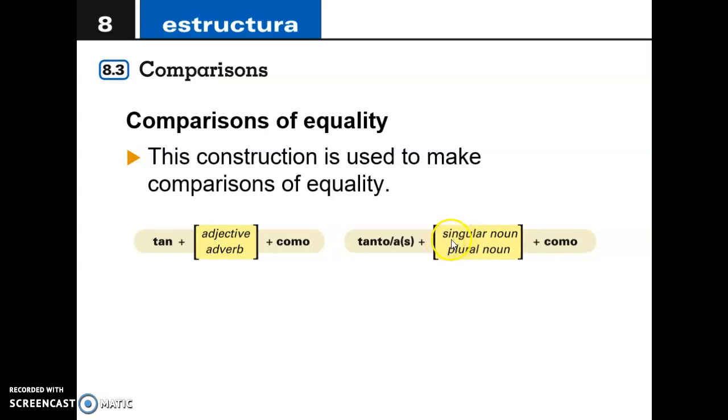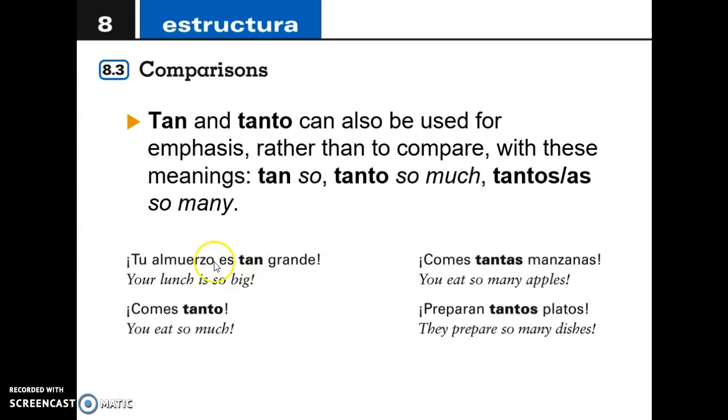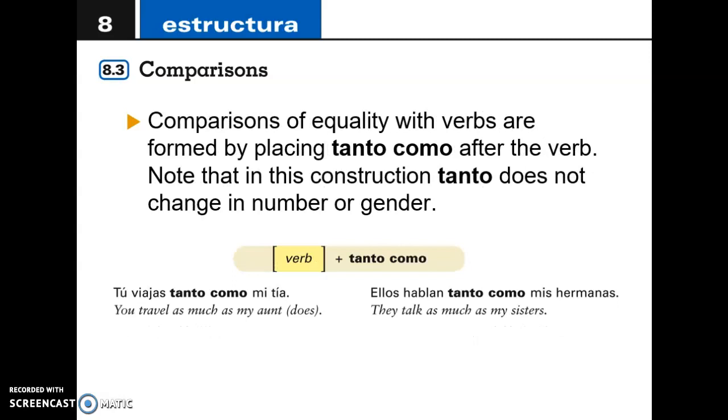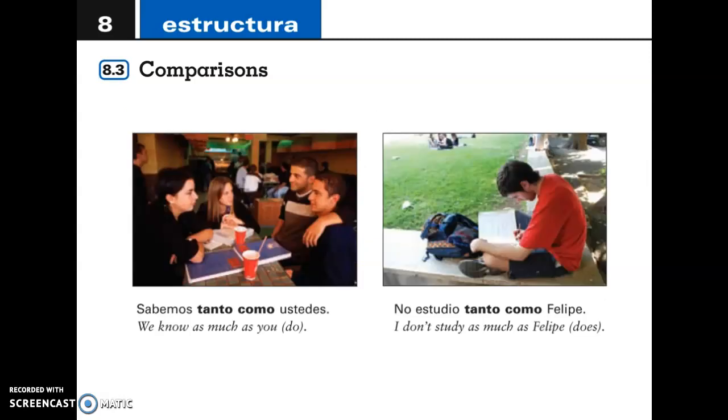In here, we're going to use a singular or a plural noun. Let's look at some examples. Tu almuerzo es tan grande. Comes tanto. Comes tantas manzanas. Preparan tantos platos. So we are going to use those comparisons as well with verbs, and you're going to follow the structure that we can see in this slide. And we have some final examples over here. Sabemos tanto como ustedes, no estudio tanto como Felipe.